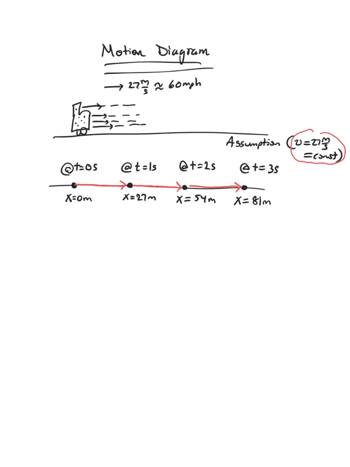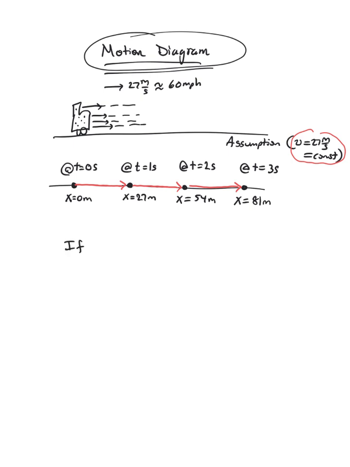This diagram, the sequence of dots, is called a motion diagram. And it just represents the motion of an object, which could be a car, a person walking, a person running. It just represents the motion of an object traveling in a straight line. Now, whenever the velocity of an object is constant, the spacing between these dots will stay constant.